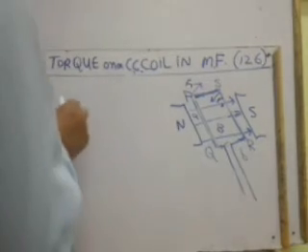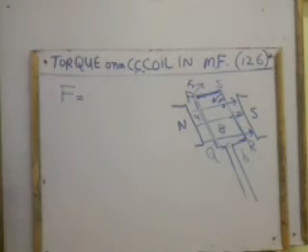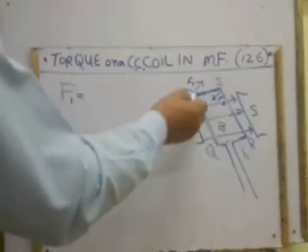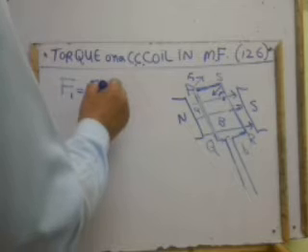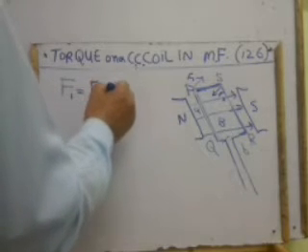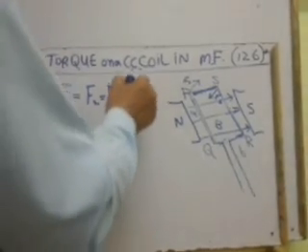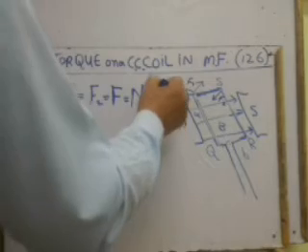And the magnitude of the force is already given by F1 equal to F2 equal to common F, and the magnitude is NBIA.